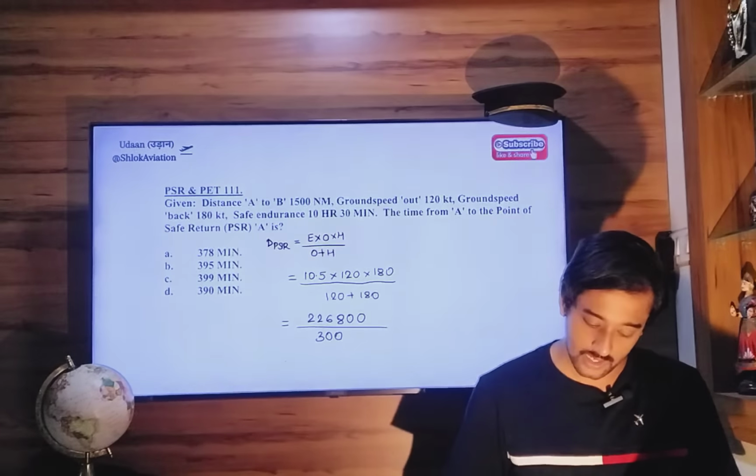So distance to the point of safe endurance is equal to endurance into outbound into homebound divided by outbound plus homebound. So what is endurance here? 10 hours, outbound 300, homebound 400, divided by 300 plus 400.